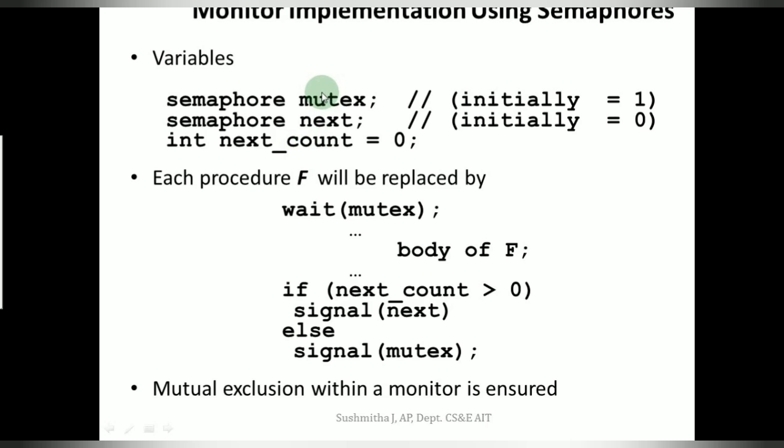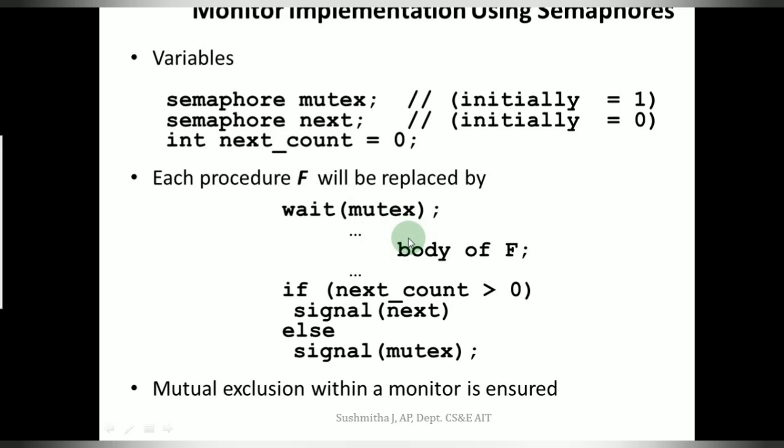So mutex, as we know, ensures mutual exclusion. Next is used for a signaling process to wait until the resumed process either leaves or waits. And next_count is used to count the number of processes suspended.